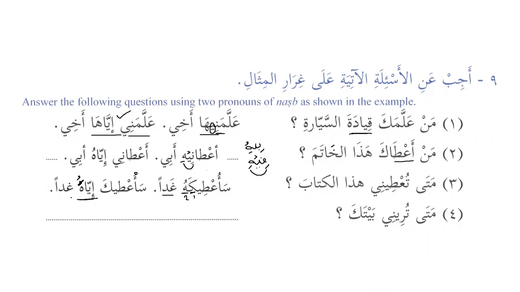Yeah, very good. Or otherwise سأريك إياه بعد قليل. Okay, excellent. So سأريكه بعد قليل. I will show it to you after a while. Or سأريك إياه بعد قليل. I will show it to you after a while.